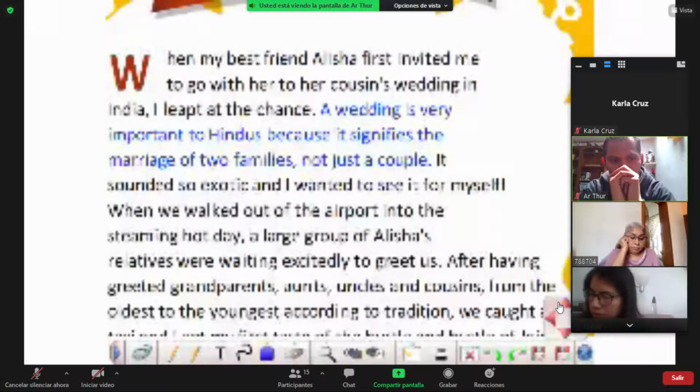A wedding is very important to Hindus because it signifies the marriage of two families, not just a couple. It sounded so exotic, and I wanted to see it for myself.